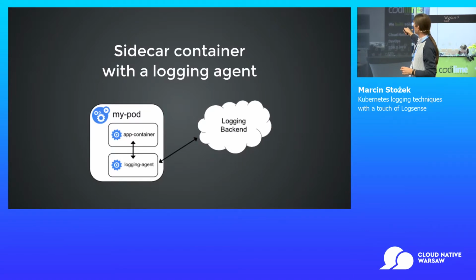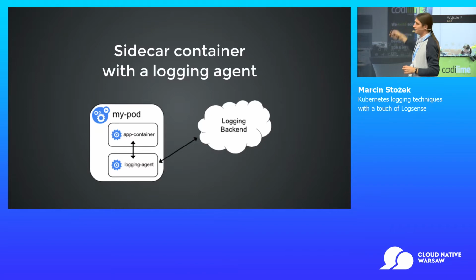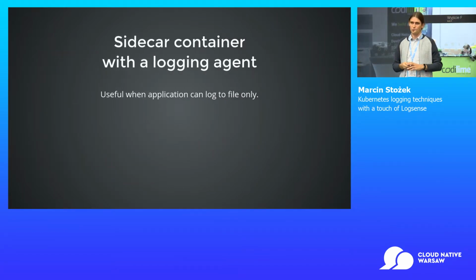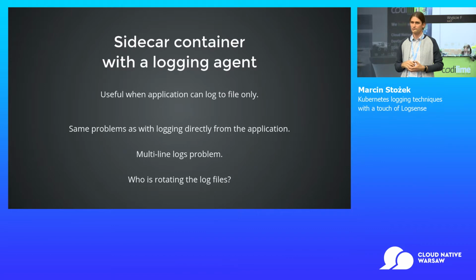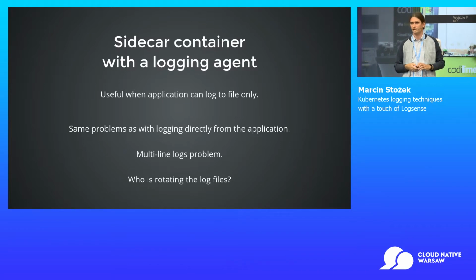We can log from the container into a file, which is local to the pod, and then we can run another container inside the pod, which is a logging agent. And this logging agent can scrape the log file and put it into the logging backend. And this is cool, but we have some problems. First, we have the same problems as when we were logging directly from the application.